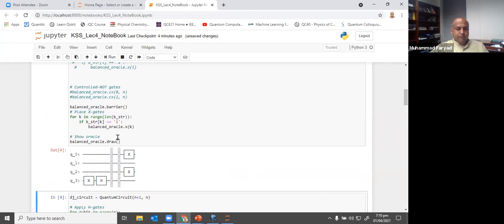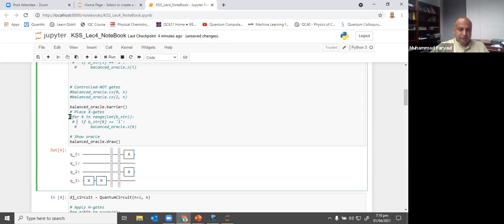So, okay, let me remove these X gates and just keep the C0 gates.